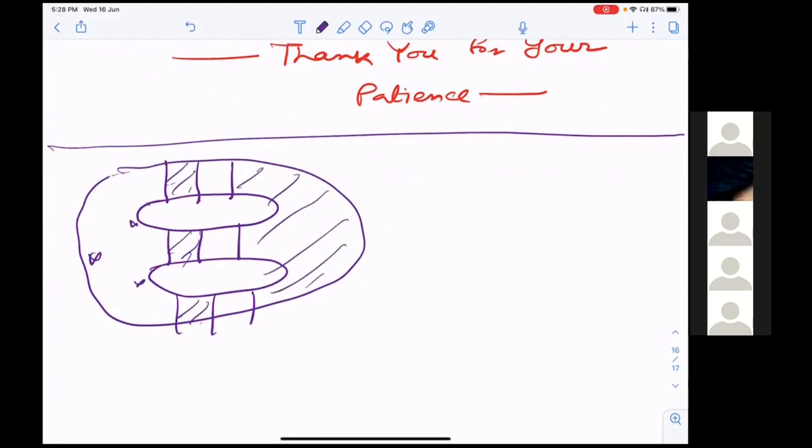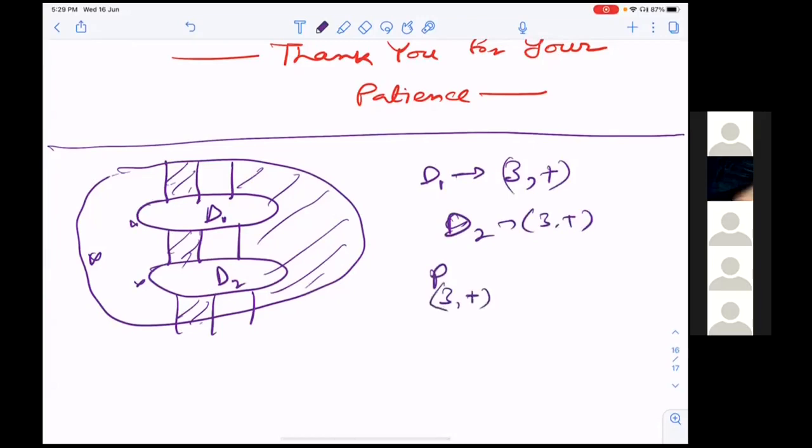Now we have to define a planar algebra. What is a planar algebra? A planar algebra is a collection of vector spaces for each color. So here the color of D1 is 3 plus and the color of D2 is also 3 plus. So we have vector spaces for each color. We have this vector space and another copy of that.